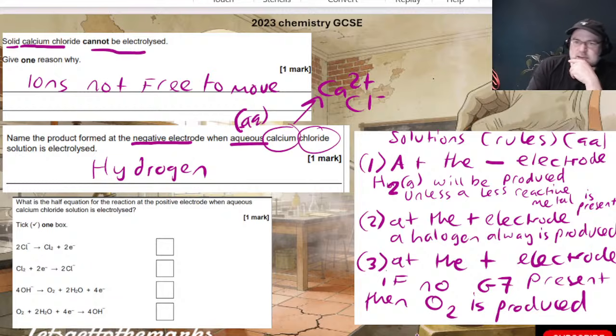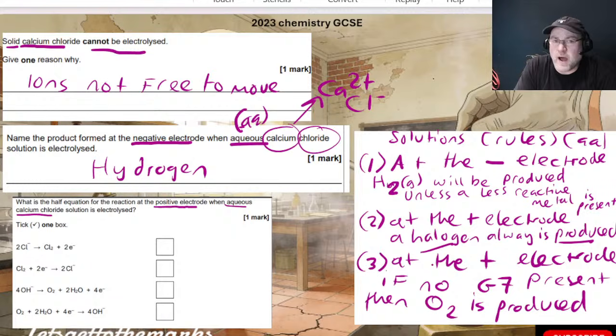Okay, nice. Now, what is the half equation for the reaction at the positive electrode when aqueous calcium chloride solution is electrolysed? So, chlorine, a halogen, is always produced, not a halide ion. The elemental halogen, Br2, I2, is made, so it is on the product side. So I look down here and ask which one shows a halogen being made, because I know a halogen's present because it says chloride, which is group 7.